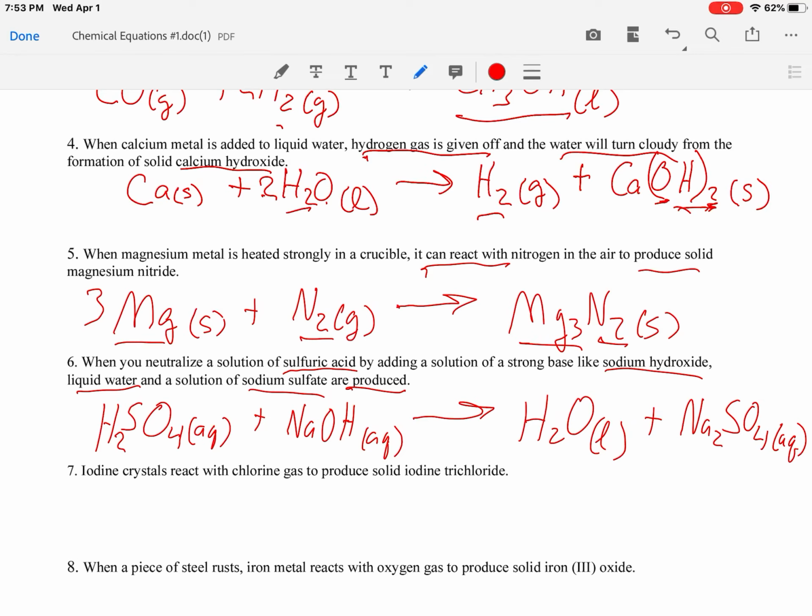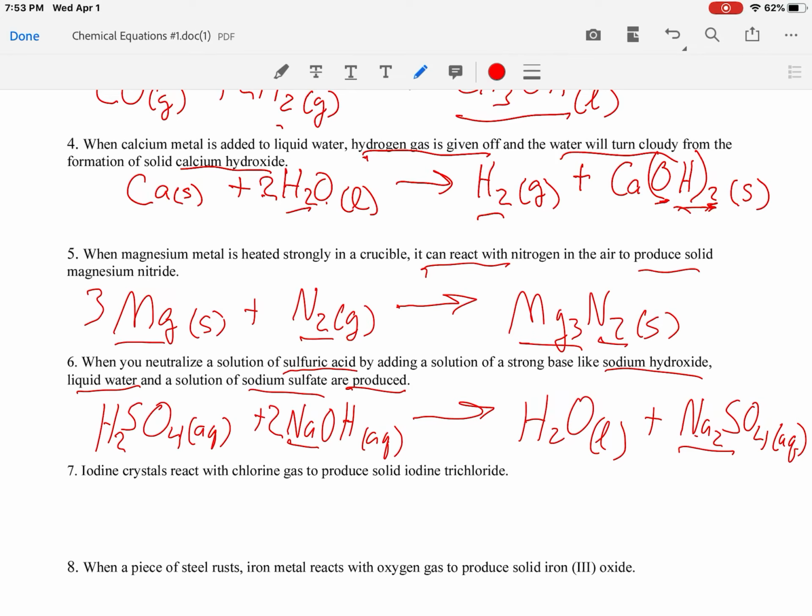Okay, so now for balancing, we have to look at what's not balanced already, right? This one, again, is one of those that looks more complicated than it really is. What it boils down to is that we've got 1 sodium over here and 2 sodiums over here. And so we can fix that pretty easily by dropping in a 2 right here, right? Remember, coefficient is the only thing we can change. And so now we've got 2 sodiums.